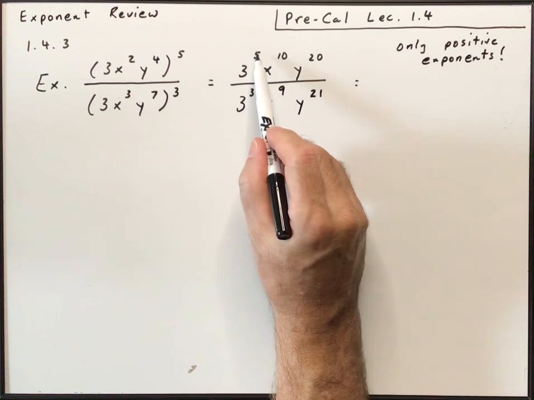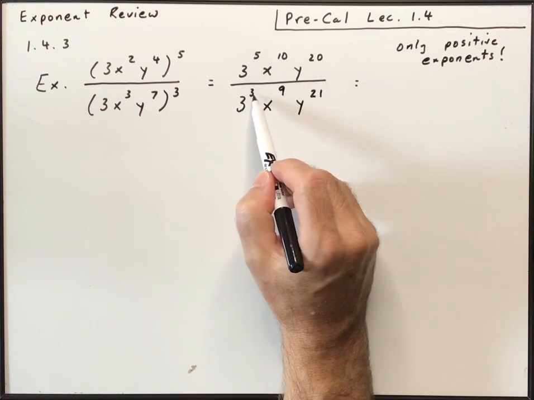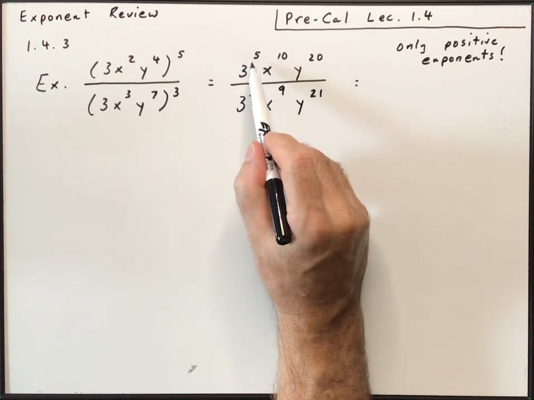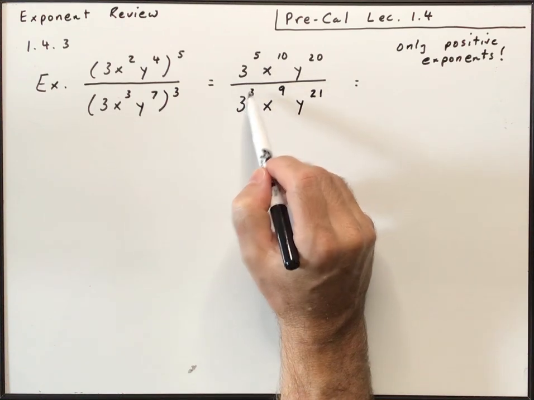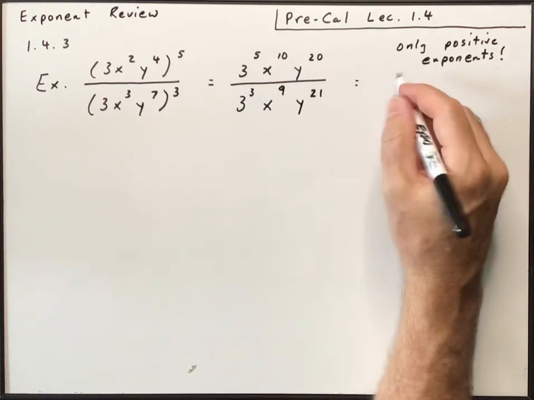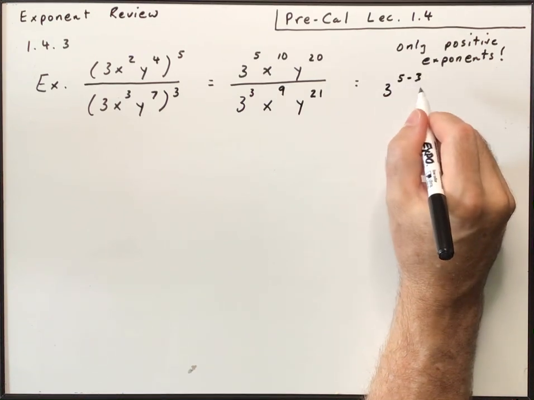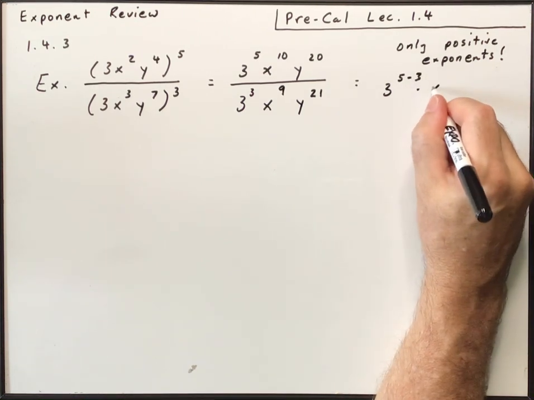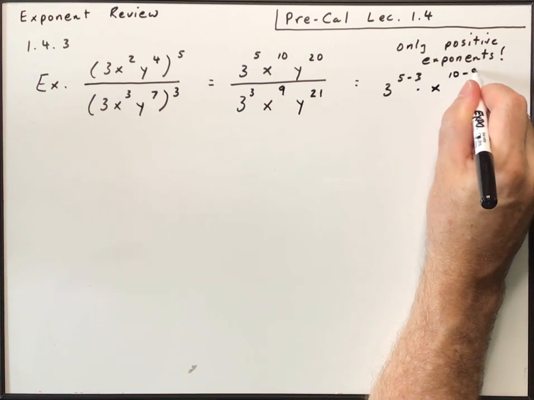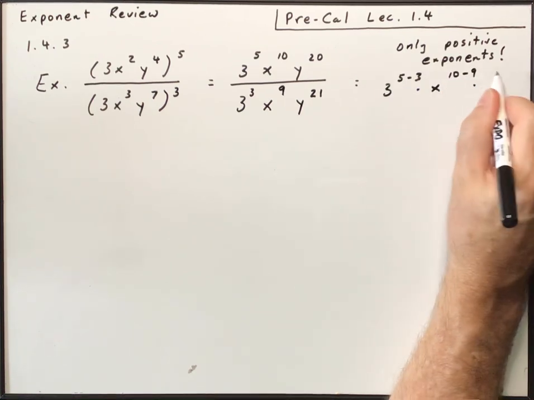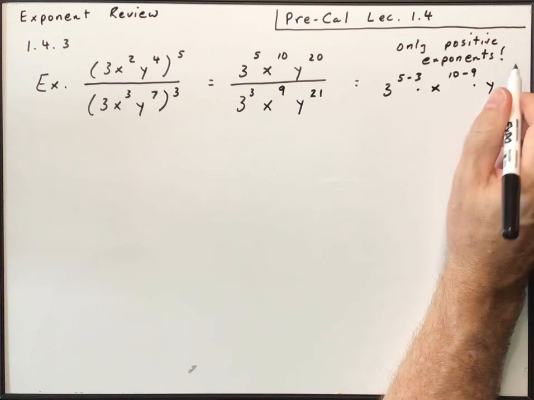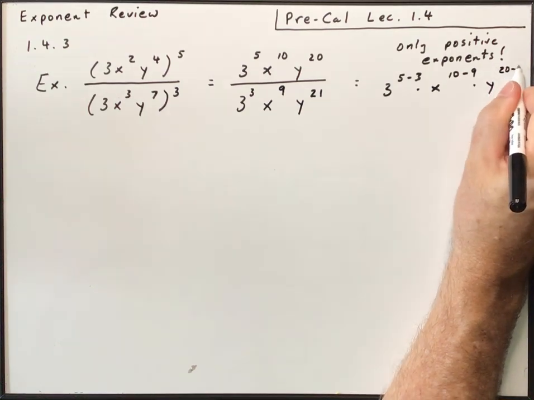If the top is greater than the bottom, then what you have left will be on top. So this is the same as 3 to the 5 minus 3 times x to the 10 minus 9 times y to the 20 minus 21.